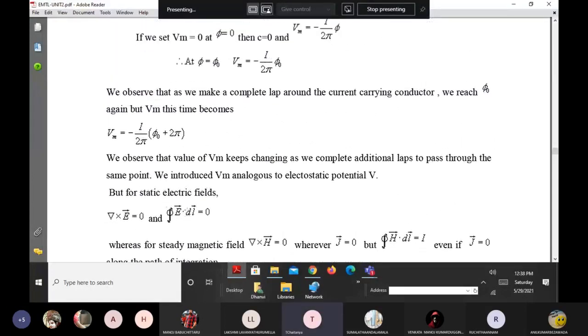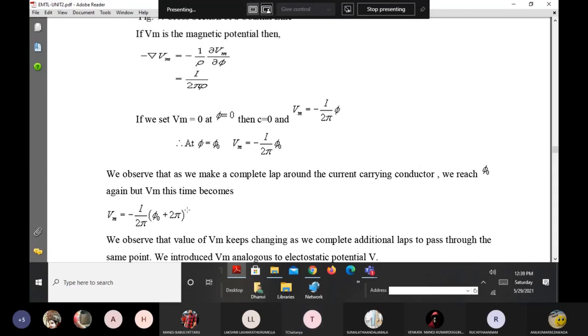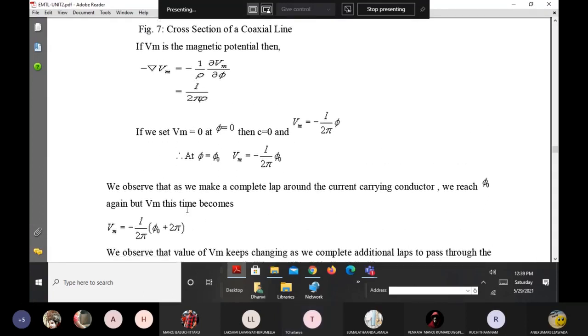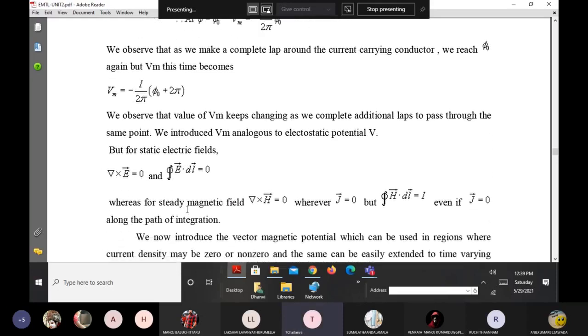Is this clear? Are you clear about magnetic scalar potential? So magnetic scalar potential is about recognizing the Vm value.